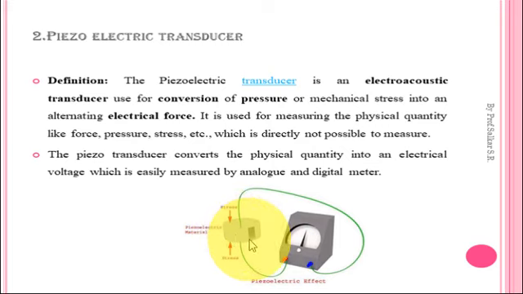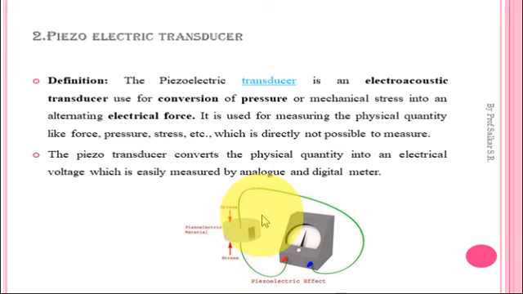These materials have a property that when they are subjected to stress, or when they are pressurized or force is applied on them, the crystals develop an electromotive force around themselves, and this electromotive force is then measured as the electrical voltage at the output of the piezoelectric transducer.